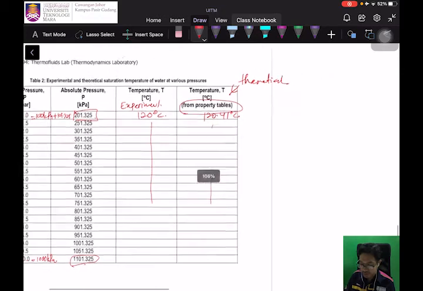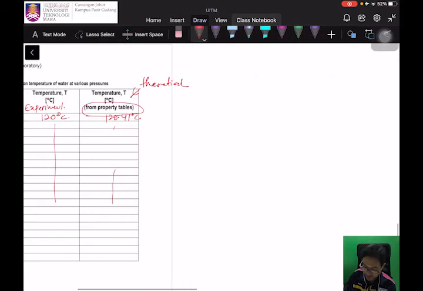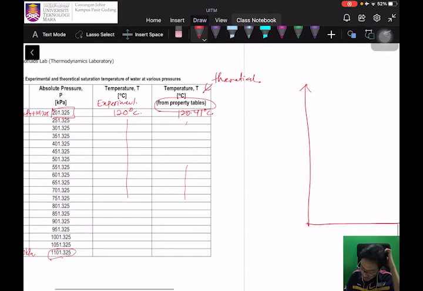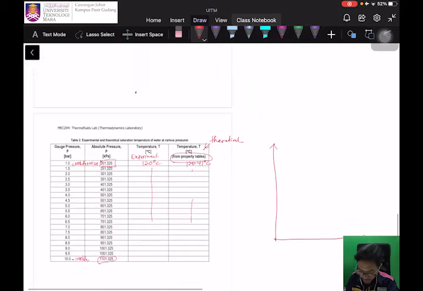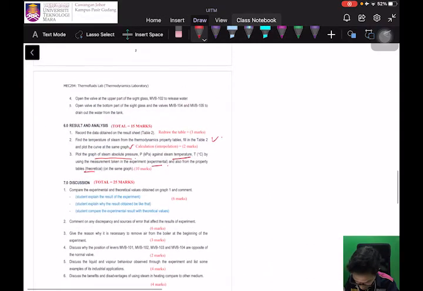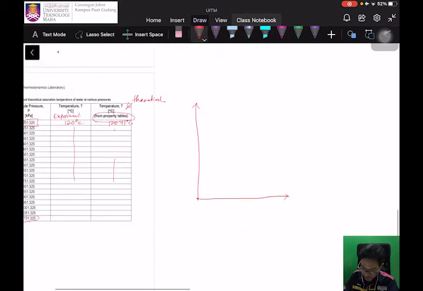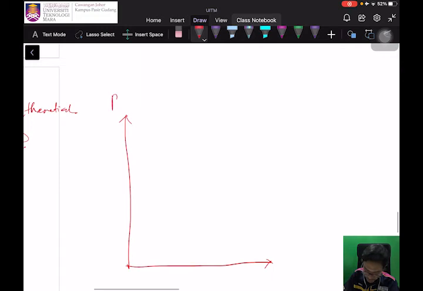Okay, you need to plot it using your Excel in one graph. Make sure it is in one graph, right? So pressure versus temperature. This is P in kPa, this is temperature in degrees Celsius.